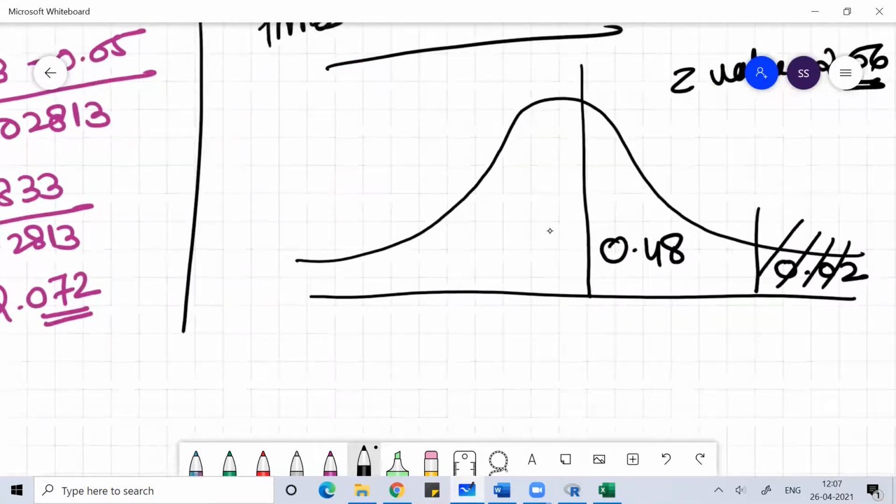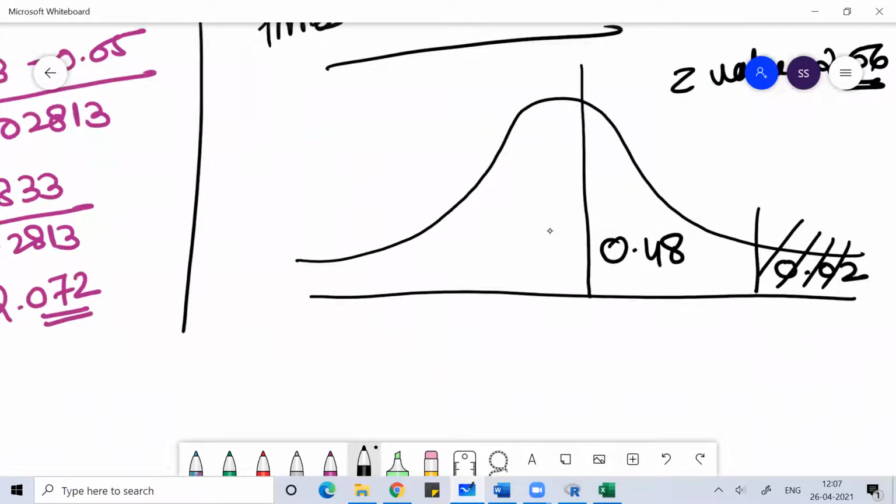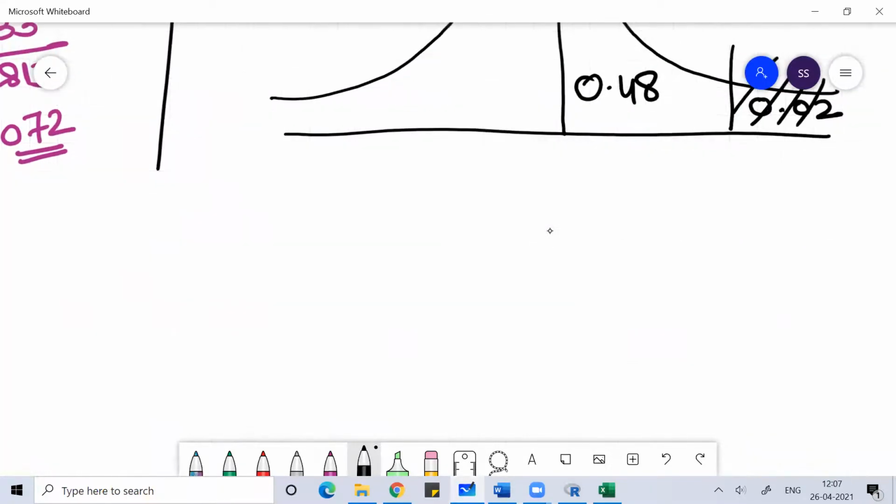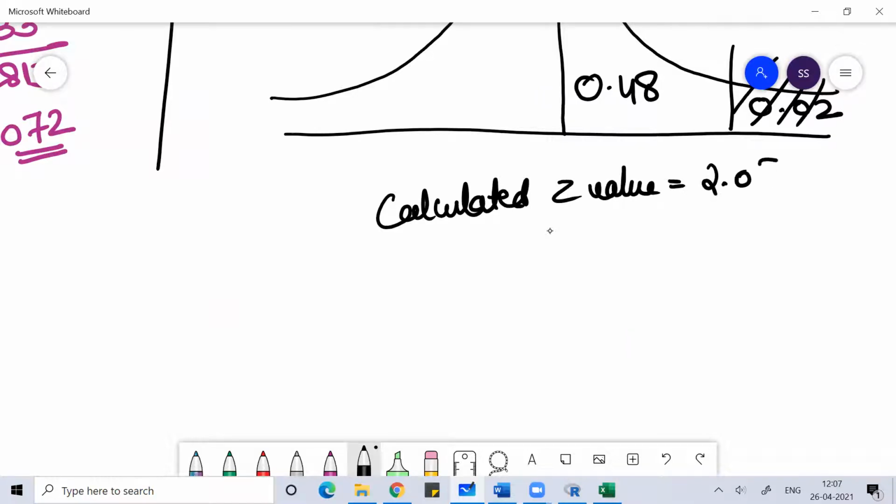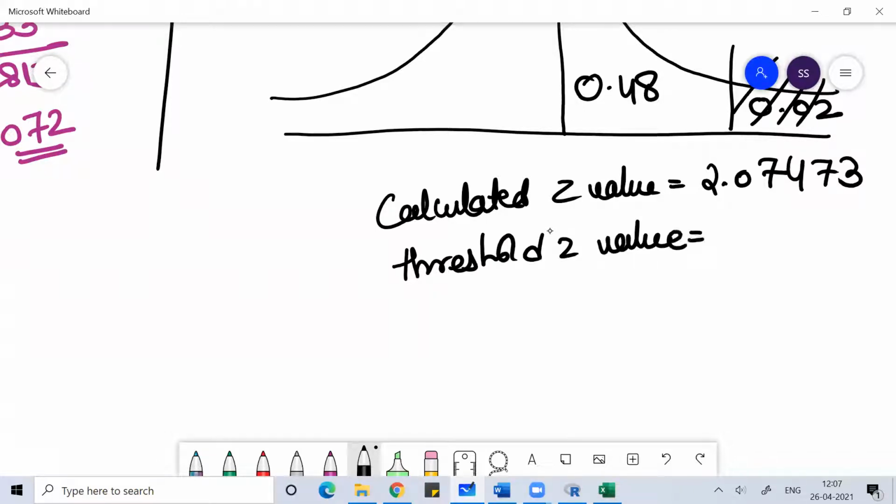You can see here your calculated Z value is 2.07473 and your threshold Z value is 2.06.